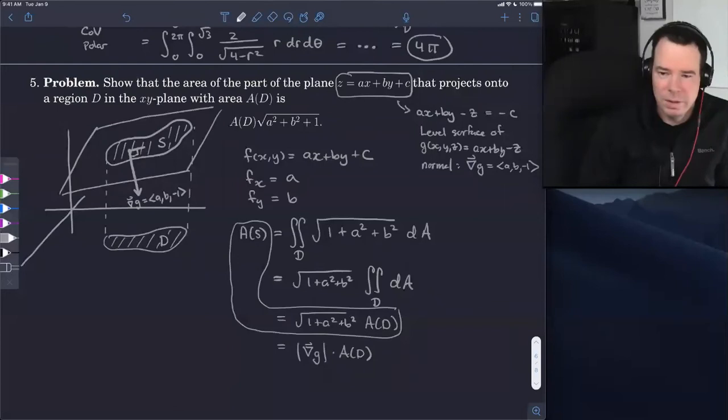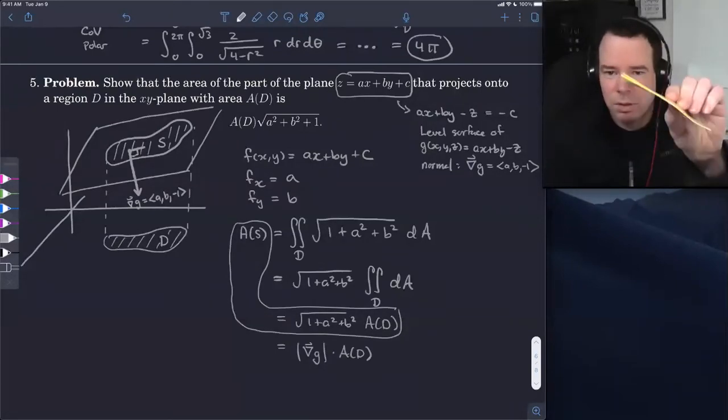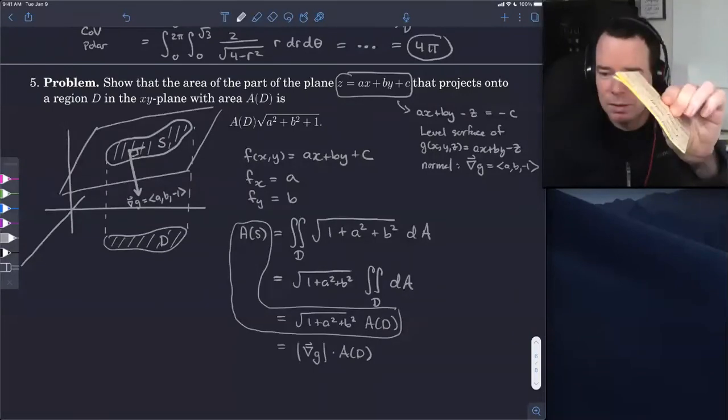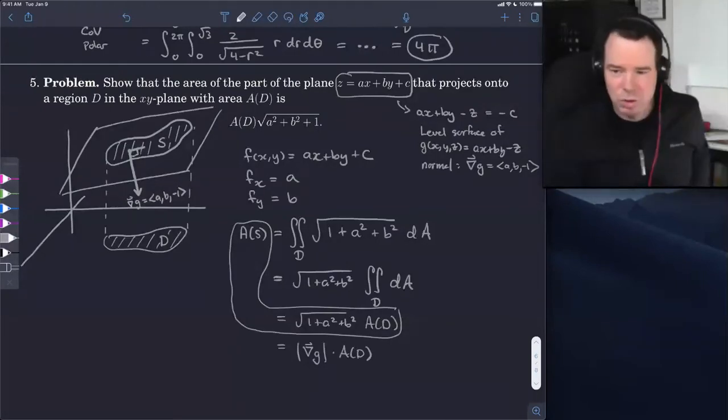So this is the relationship we get there. That was what I alluded to when I said it all depends on how steep the plane is tilted in relation to the plane that it's projecting onto. And that's this connection now with the normal vector.